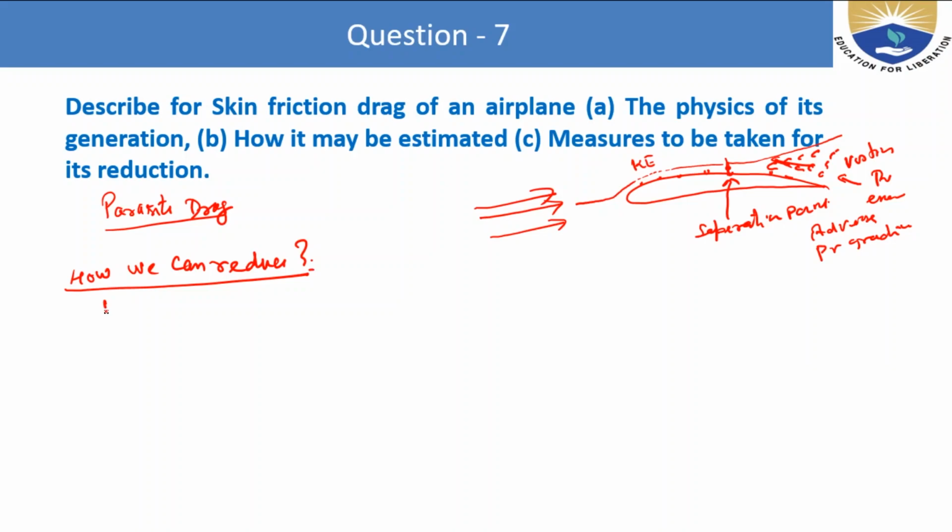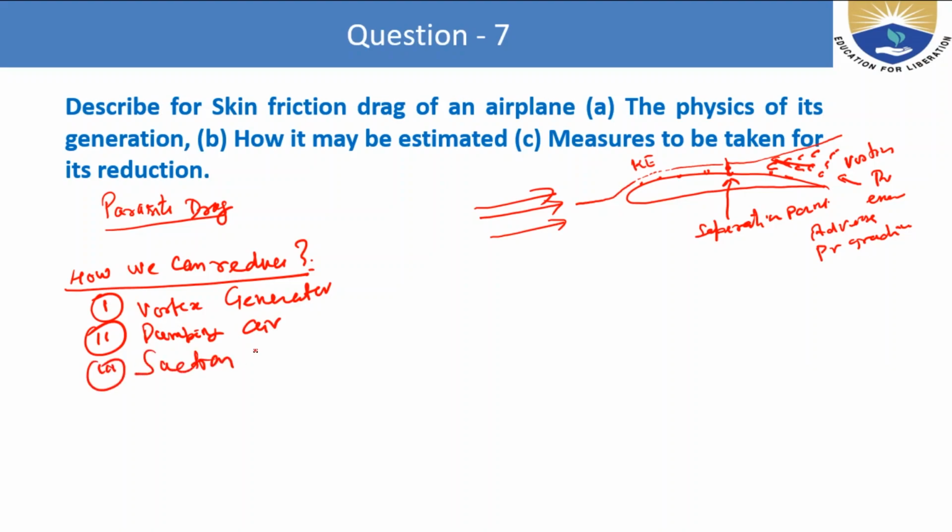The first one is the vortex generator. The second is pumping air, and suction of air. So these are the things which are used for this.